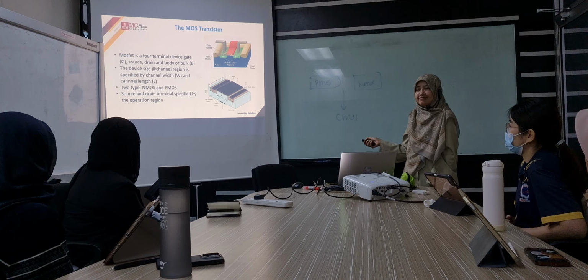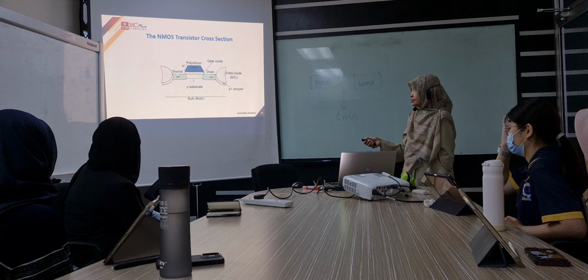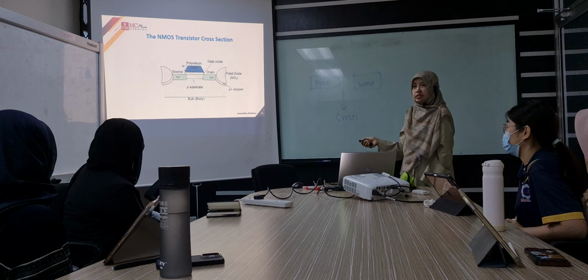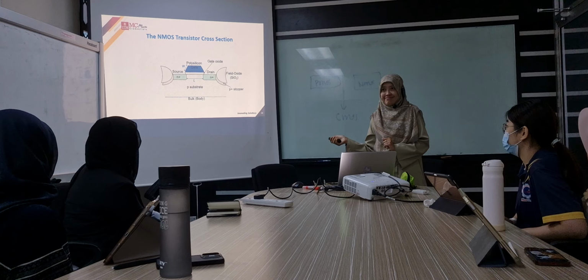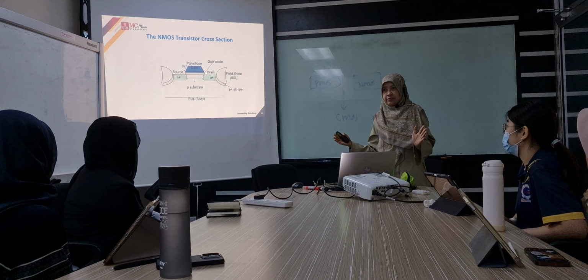So this is a closer look at the cross section. For the channel length, the current will flow, the electron movement between source and drain. For this kind of cross section, there's no current, only the MOSFET by itself.